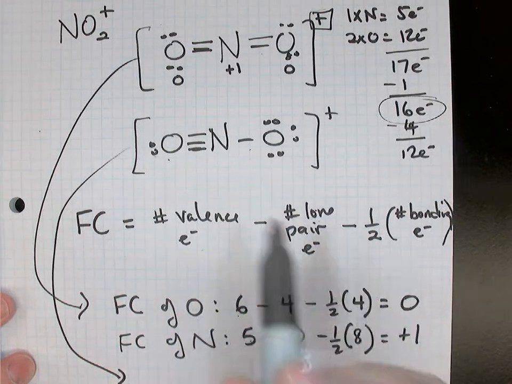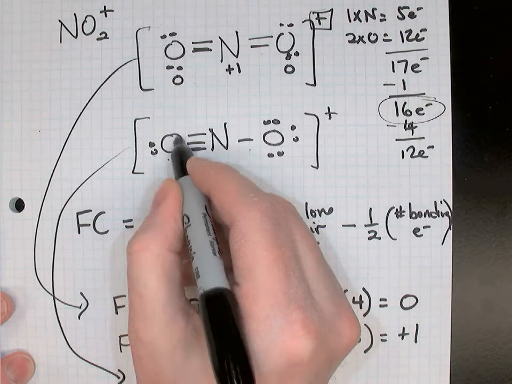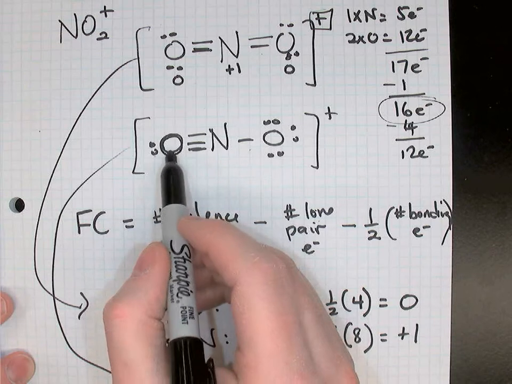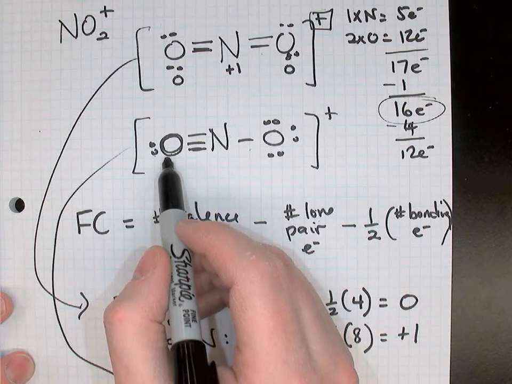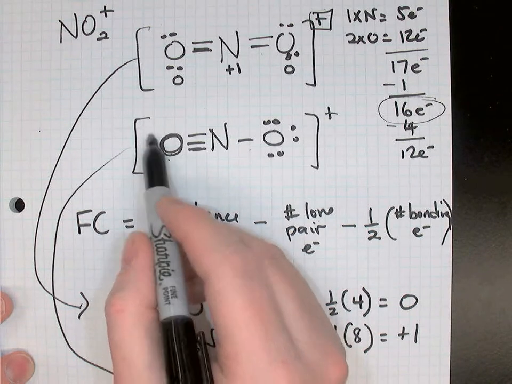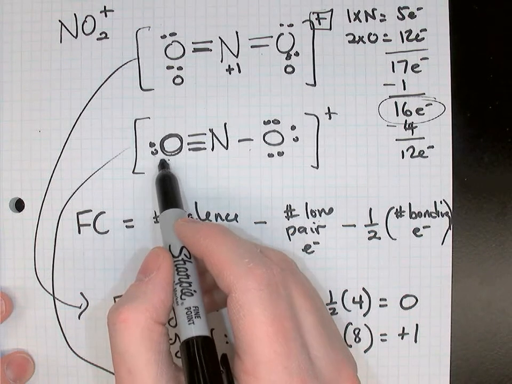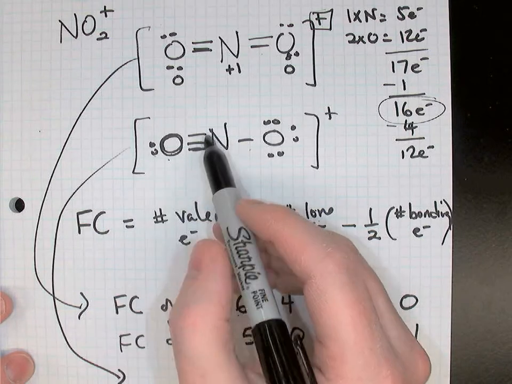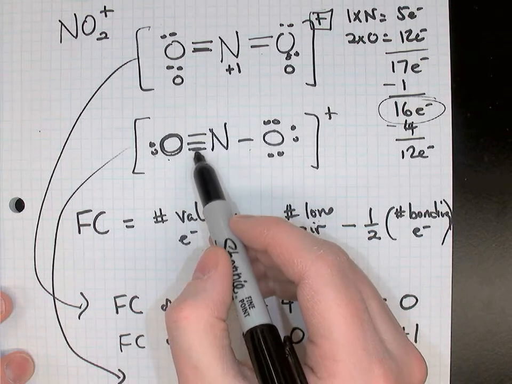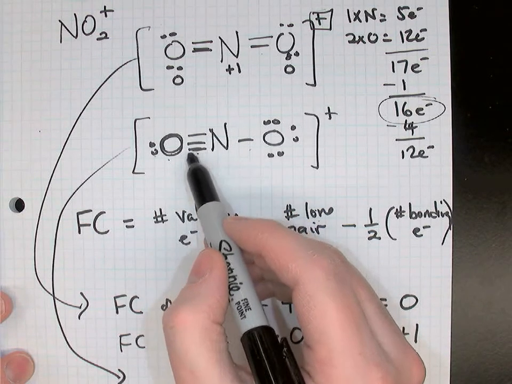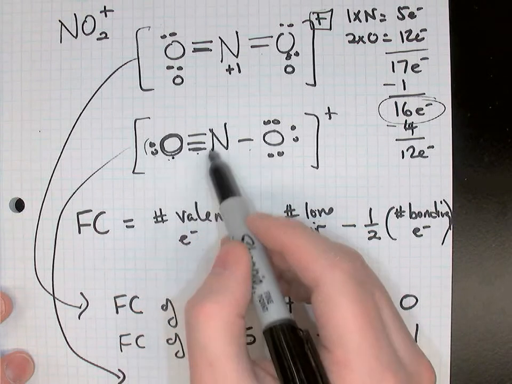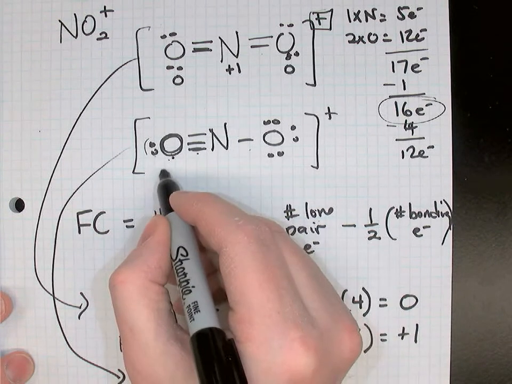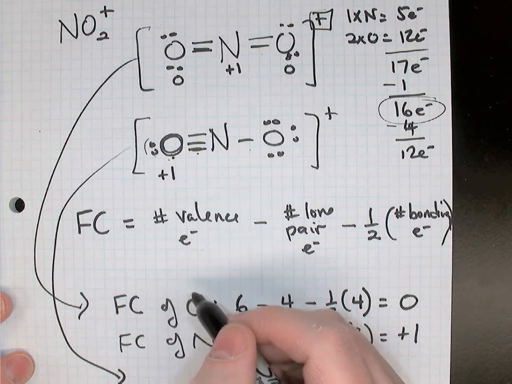If we calculate the formal charge of the oxygen on the left, we would take 6, the number of valence electrons it brought to the molecule, take away 2, this lone pair here, so 6 take away 2 is 4, take away half of 6, 2, 4, 6. So 6 electrons, take away 2, take away half of 6. That leaves us with plus 1. That oxygen's formal charge is plus 1.